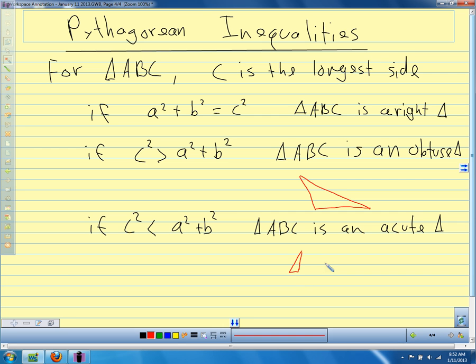All of our angles are smaller. Is that acute? That angle looks bigger than 90 degrees. I have a hard time drawing acute triangles. That looks like a right triangle. There, that would be an acute triangle. All of our angles are less than 90 degrees.